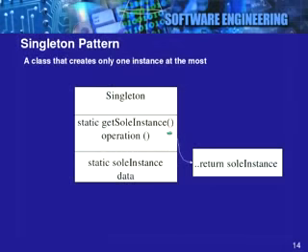Class methods are represented by keyword static in C++ and Java. So you can see here that you have a get sole instance method, that is a class method. It's a static method, so you have to call it on the class.